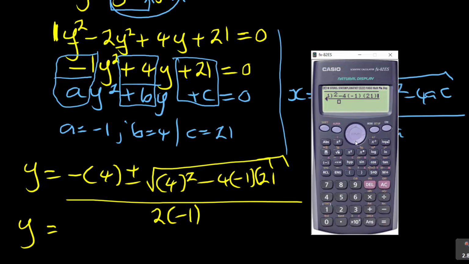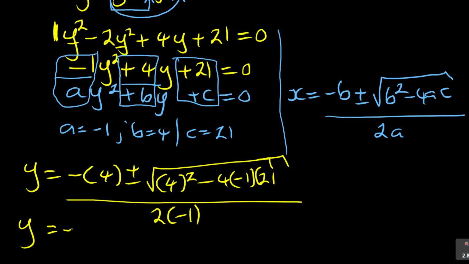All over 2a, 2 times negative 1. It will give me two answers. The first one, y is minus 3. Second one, y is 7. So I've got y is negative 3 or y is equal to 7. That's what it gave me.